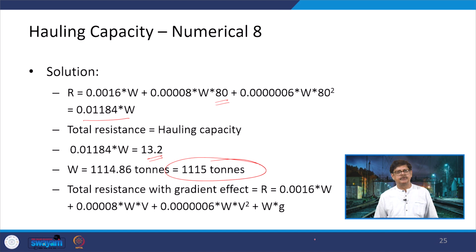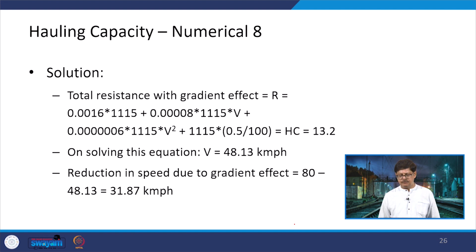Now, in this case, the total resistance with the gradient effect: if we add that, the three things remain the same, only this W into G is added, or previously we have written it as W tan theta. So, one and the same thing. Now we have to calculate the speed.